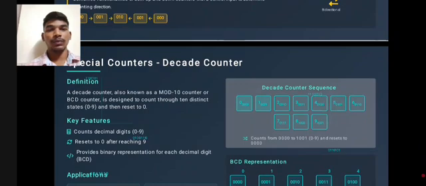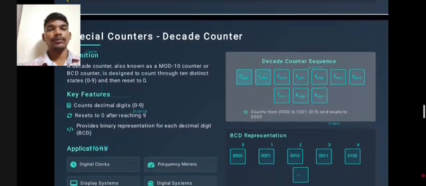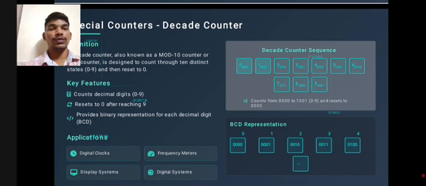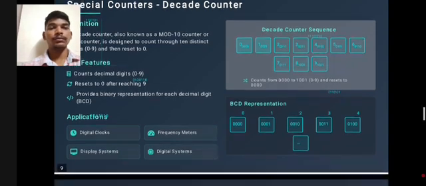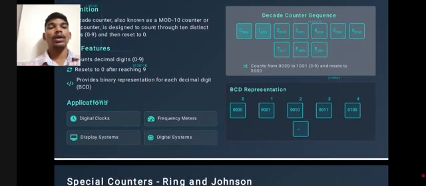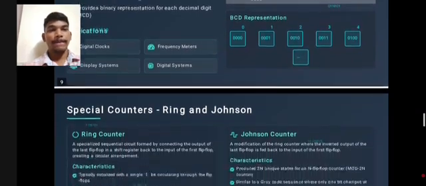Key features: counts decimal digits 0 to 9, resets to 0 after reaching 9, provides binary representation for each decimal digit: 0000, 0001, 0010, 0011, and so on, 9 is 1001. Applications: digital clocks, frequency meters, display systems and digital systems.